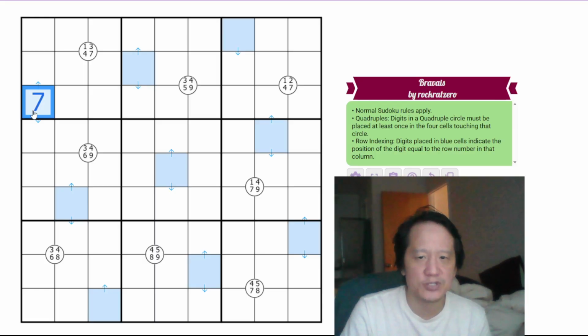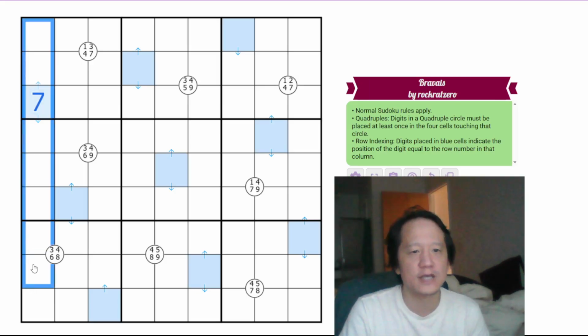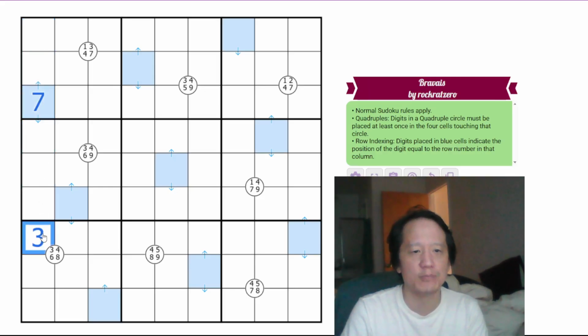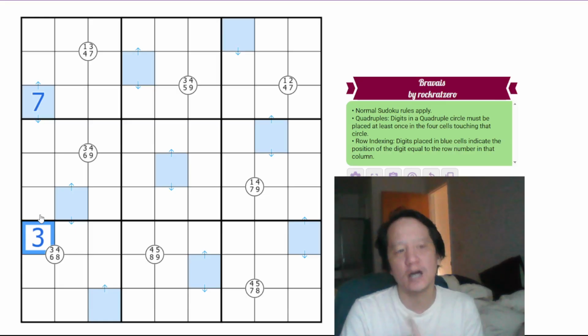So that means the 3 has to be 7 away: the 7th in the 7th row in this column, or the 7th position in this column. So that would be 3. Okay, that makes more sense.